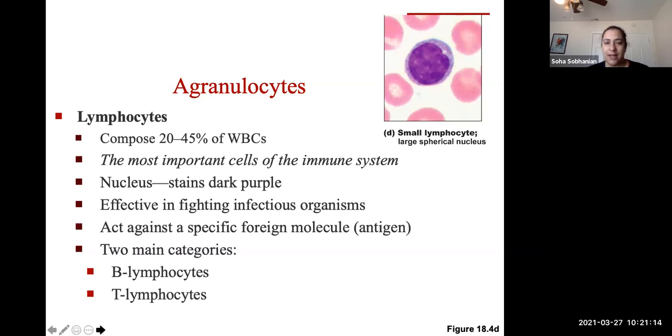Lymphocytes are the ones that you have probably heard of before. They are the ones identified as B cells and T cells, or B lymphocytes and T lymphocytes. So the 2 main categories you have are B cells and T cells. And again, they are the most important cells in your immune system.